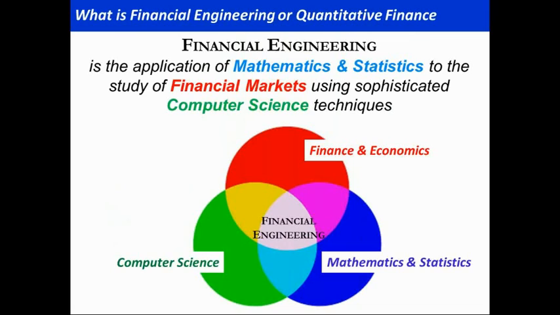So what is financial engineering? Basically, it's an overlap, a combination of three fields. One is finance and economics, specifically financial economics. The second area is mathematics and statistics, and the third area is computer science.